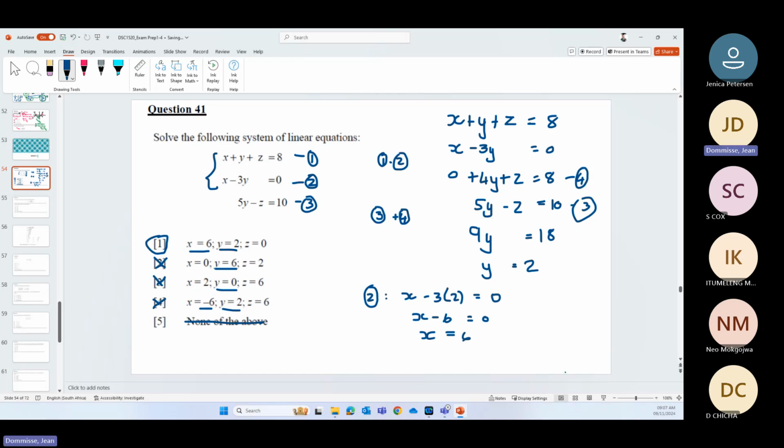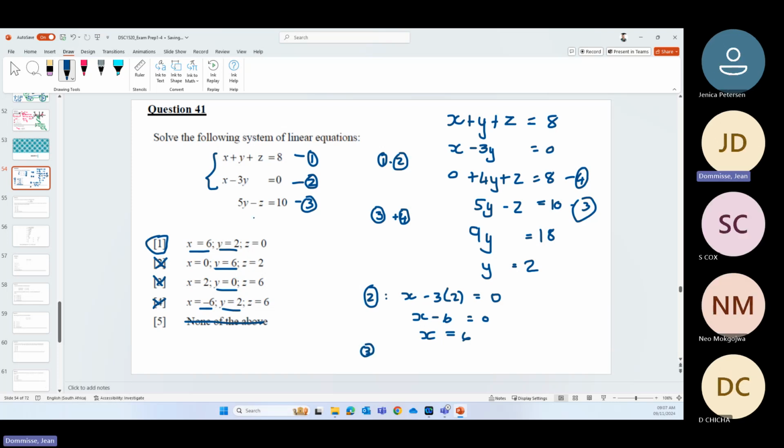And let's just put in what's needed to get the z as well. So we can use that third equation to get z. So y was 2, 5 times 2 minus z is equal to 10.